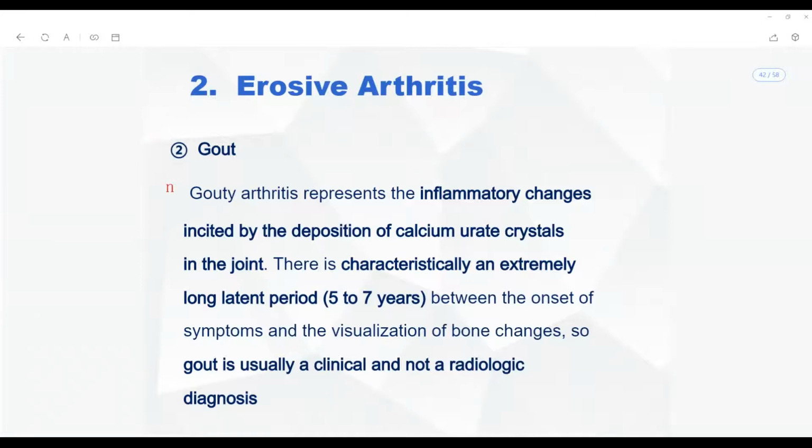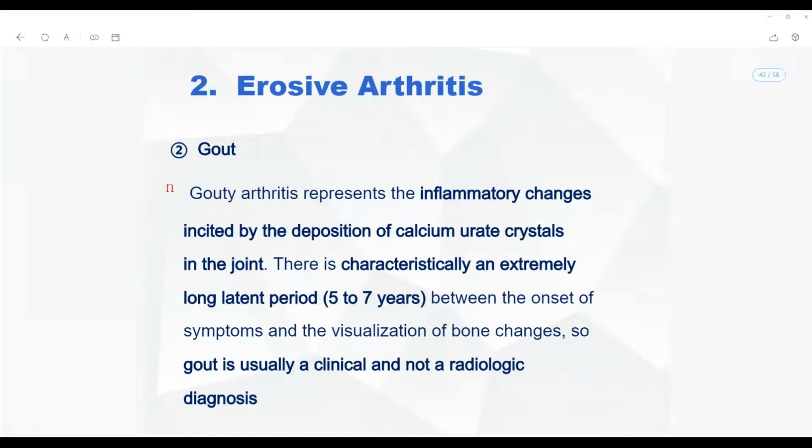The same way, hyperuricemia is seen in hypothyroidism patients or those on hypothyroid drugs. Hyperuricemia is increased levels of uric acid in the blood, right?